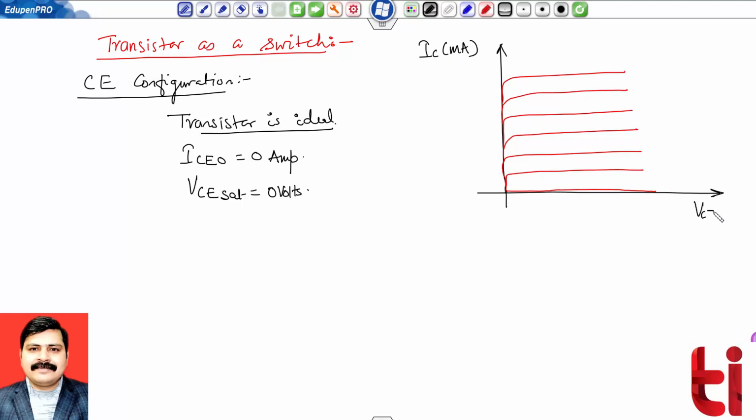This is my output voltage in volts, and we have taken VCE sat also as 0 volts, with different values of base current IB equal to 10 microampere, 20 microampere, 30 microampere, 40 microampere, 50 microampere, suppose 60 microampere.